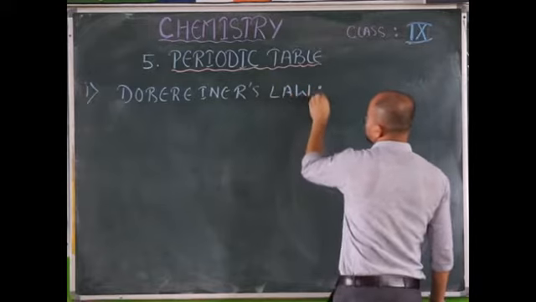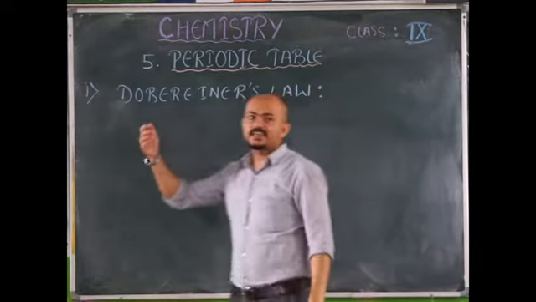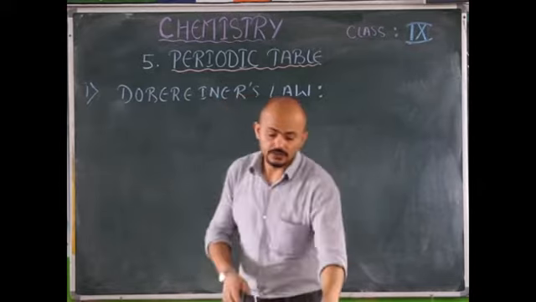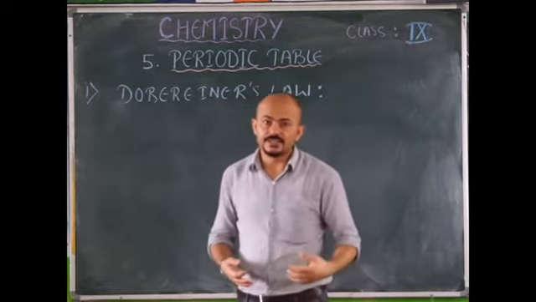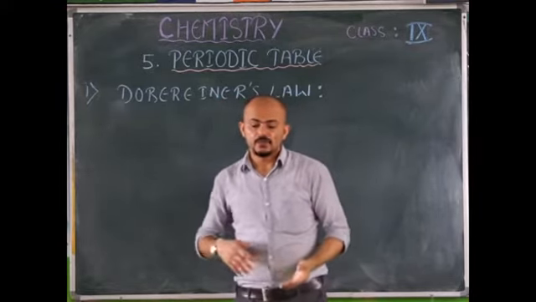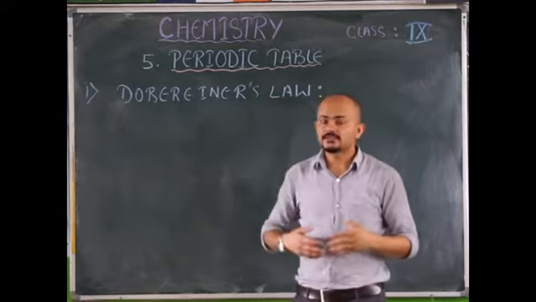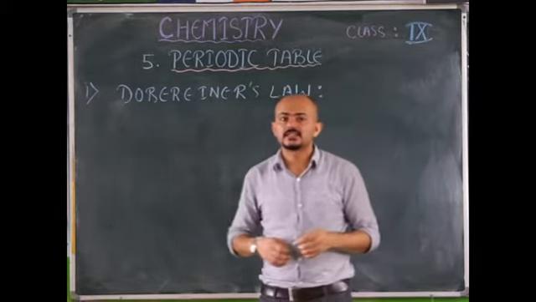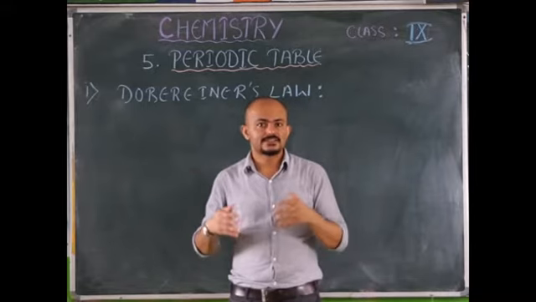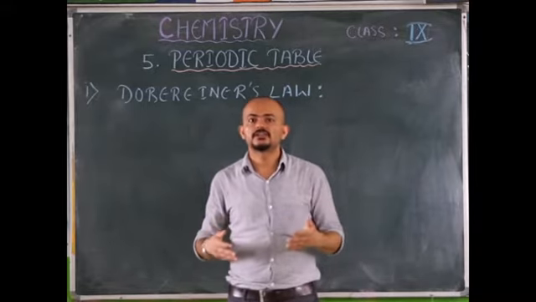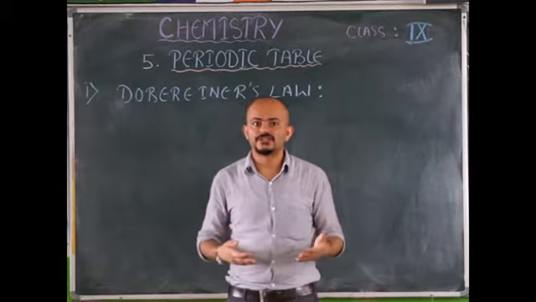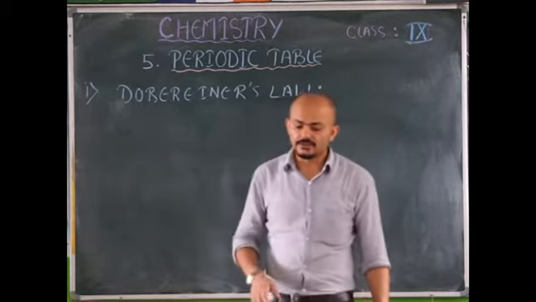At first, Dobereiner came up with the idea that he observed certain elements, which, when analyzed properly, displayed certain patterns of the same type of physical and chemical changes. They have similar properties.